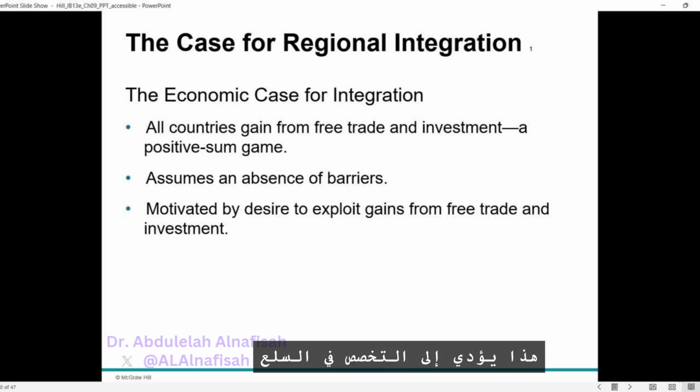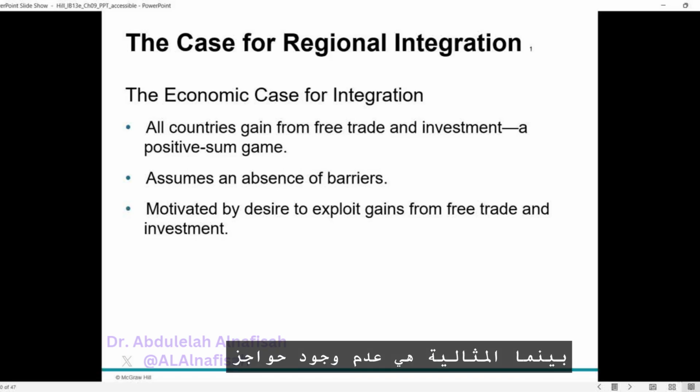This leads to specialization in goods and services that a country can produce most efficiently, boosting world production and fostering economic growth. Additionally, opening up to foreign direct investment, FDI, helps transfer critical technological and managerial expertise, stimulating further growth.